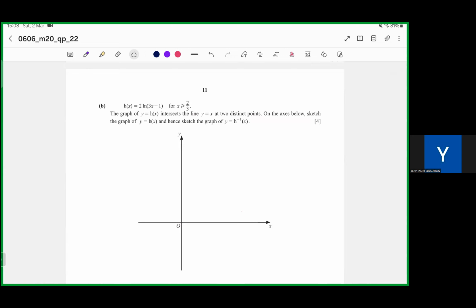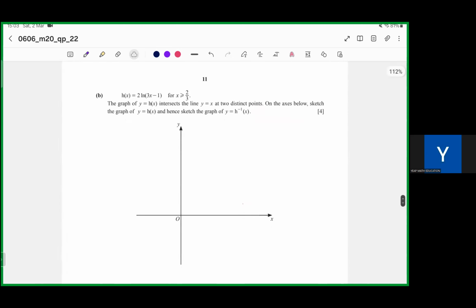So on the axis below, sketch the graph of y equals h, and hence sketch the graph of the inverse function of h. Actually, you don't need to find the inverse function for this. A lot of students will be confused because they think you need to find the inverse function. Actually, for this question you don't need to find it, just sketch it out only.